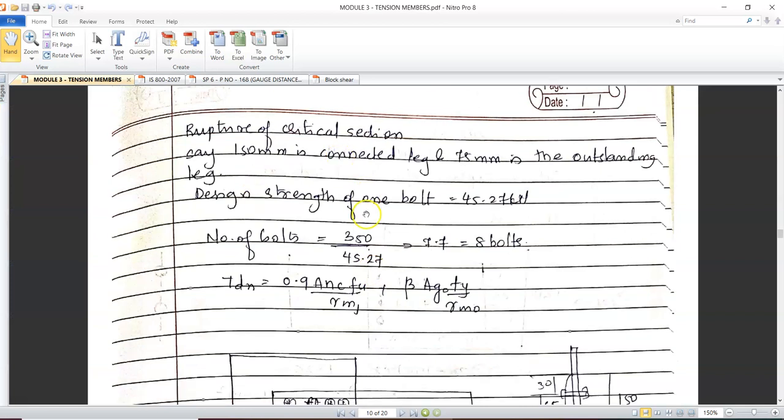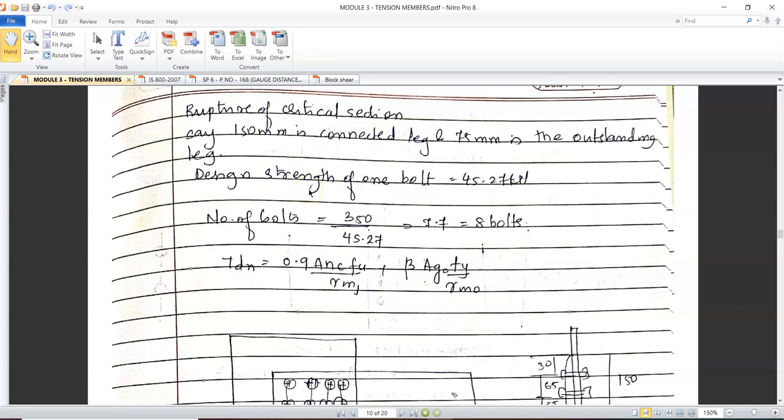But before checking for rupture of critical section as per 6.3.3, we have to design the connection. For the design of the connection, which is already done in module number 2, we have to calculate the shearing capacity of 1 bolt and bearing capacity of 1 bolt.